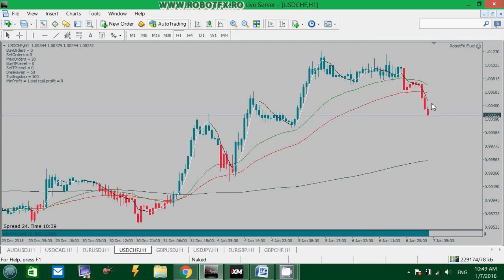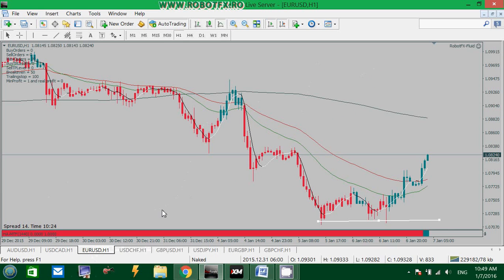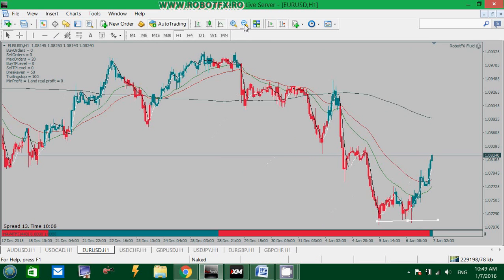Probably at that point the exponential moving averages would have intersected already, and the expert advisor will not open any buys anyway. The same with the Euro USD. Since these two are opposite pairs, one is going down, the other one is going up. We have some kind of double bottom here, and I don't know if the trend will change to up or it will resume the down move.